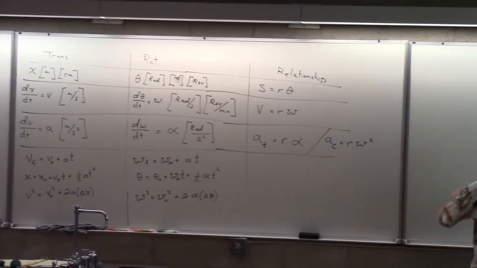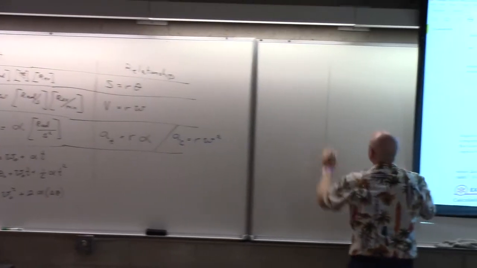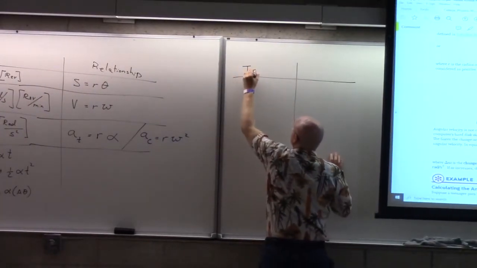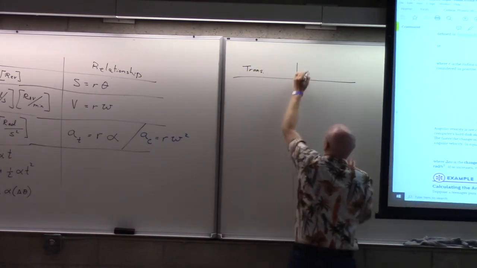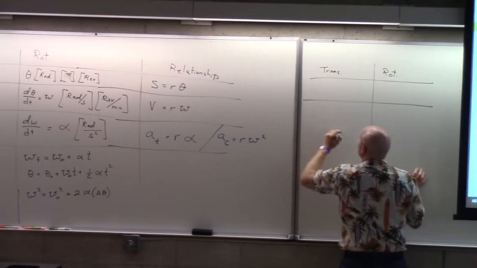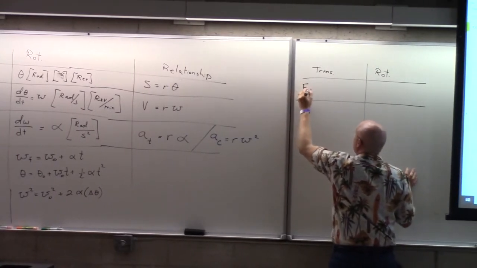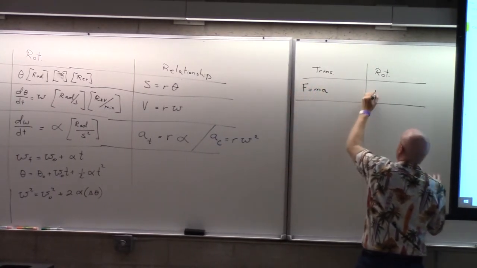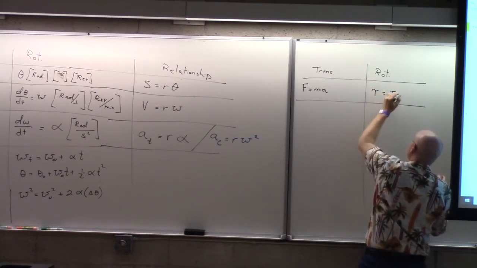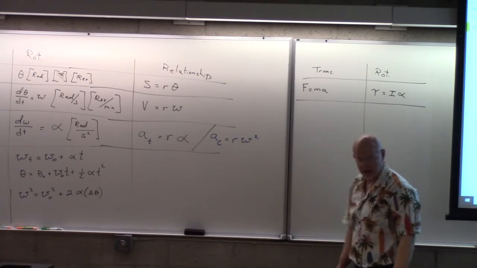Oh, I know, I could probably squeeze it right here. I think there's kind of enough room if I don't write too big to say, all right, here is the idea of translational motion. Here is our new idea with rotational motion. And we had F equals ma. Now we have torque equals inertia, rotational inertia, times angular acceleration.